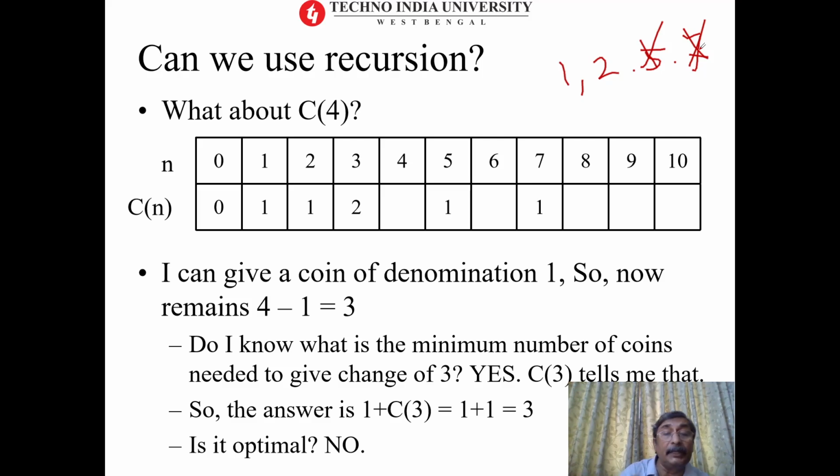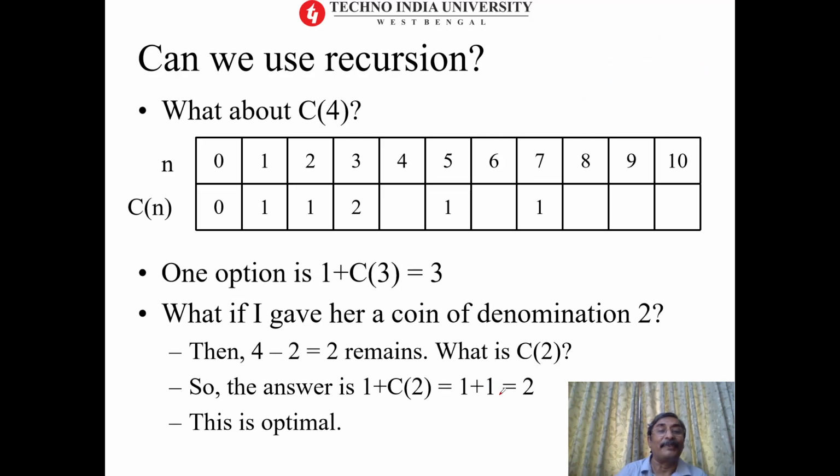Now, do I know C3? Yes, I know. So what does it tell? It tells me that the answer is 1 plus C3, which is 1 plus 2, which is 3. Is it optimal? No, because we know that 4 rupees can be given as change with 2 coins of 2 rupees. So this is not optimal.